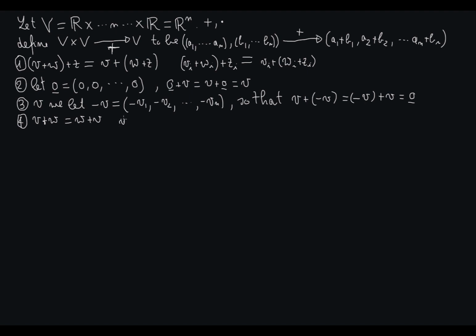We will get vi plus wi, and on the right hand side we will get wi plus vi. But these are real numbers, therefore they are just equal, and this holds for every i. Coefficient by coefficient, these two n-tuples are equal.